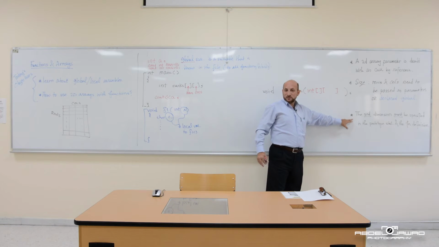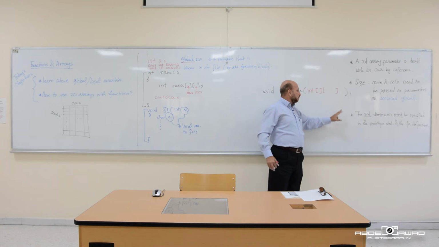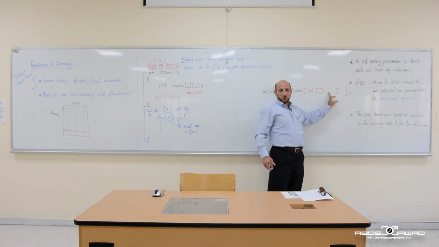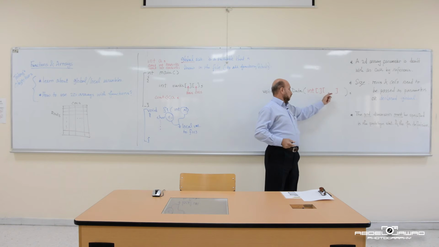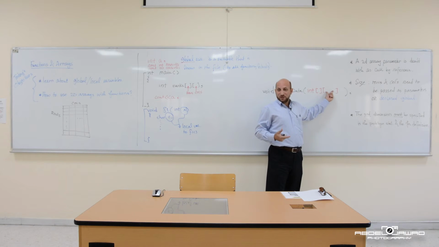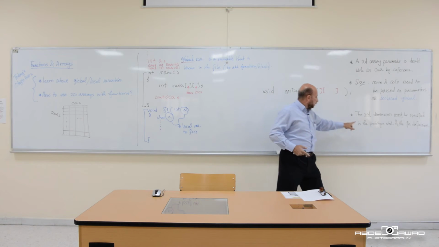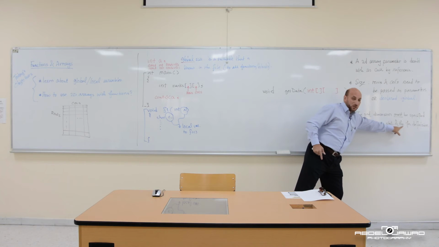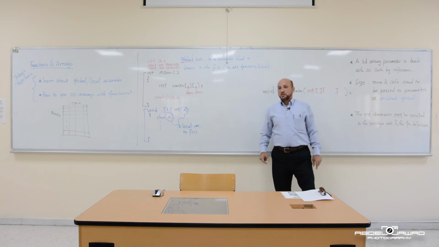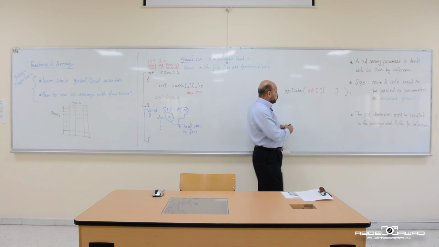Third one says the second dimension. Which dimension is that? Column. What should we do with it? We should specify it to a value. Tell me how many columns do I have? And this is to be done where? In the prototype statement as well as function definition. This is a prototype statement. So what should I write here?